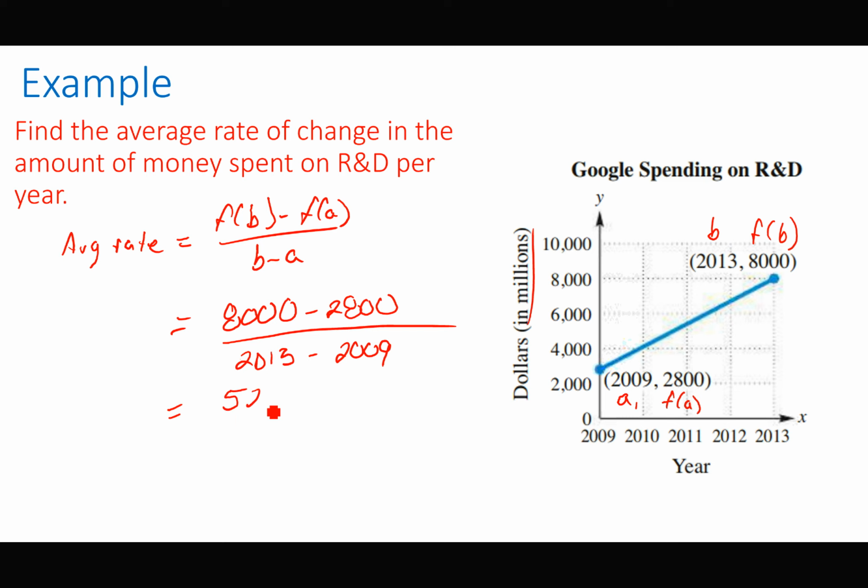If we were to subtract, the numerator becomes 5,200, the denominator becomes 4. When we do this, we end up with 1,300.